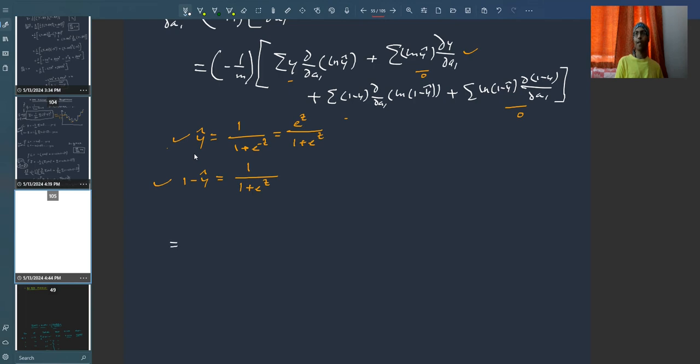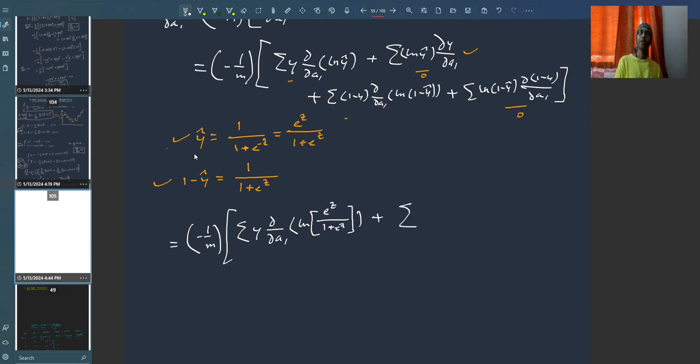So we put in the values here. Minus 1 by m, sum of y into del a1 of ln e to the power z by 1 plus e to the power z. Although within the first bracket I am putting the third bracket, it's not appropriate, but let's go ahead with it.